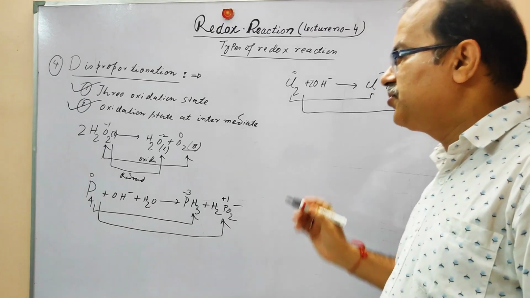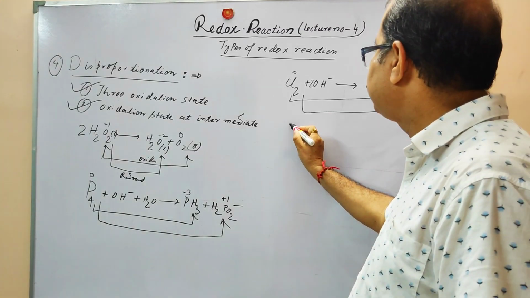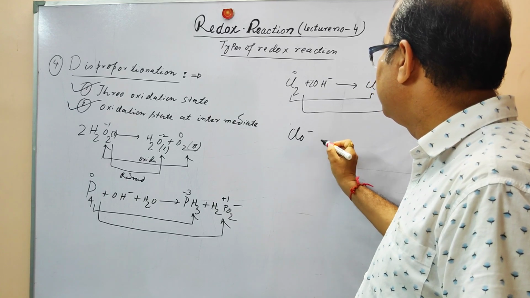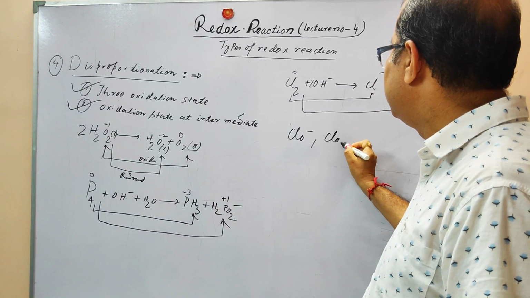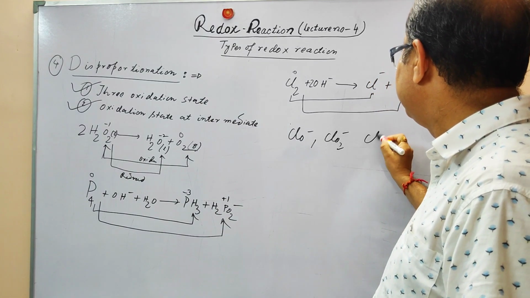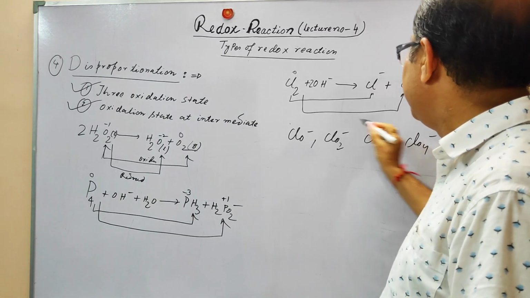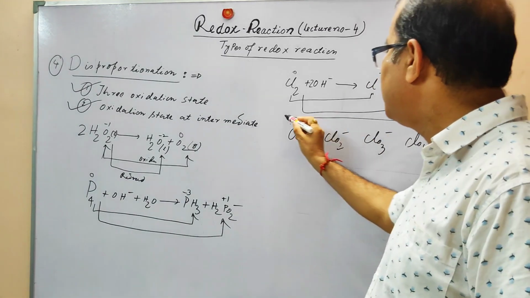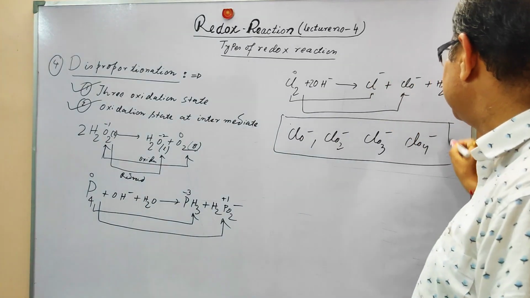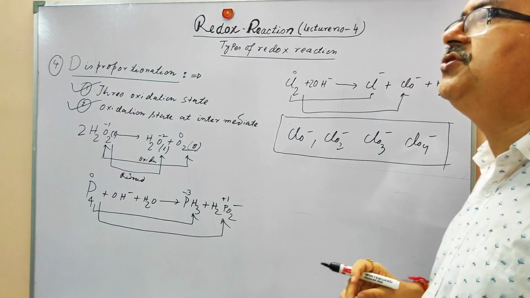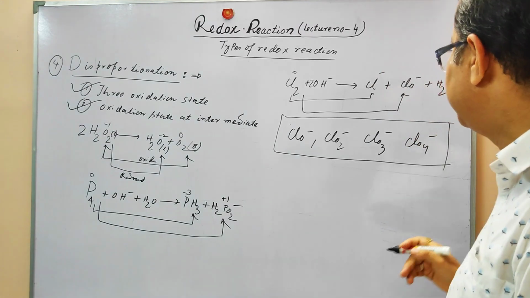Now one question is given. You have been given these ions, and you have to see which of these species will show the disproportionation reaction and which will not.